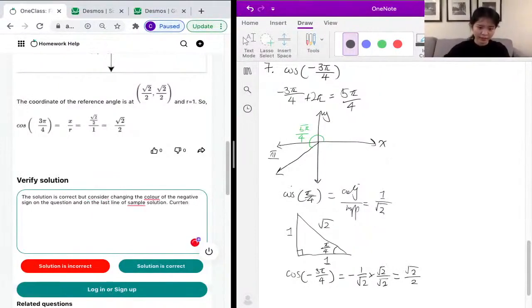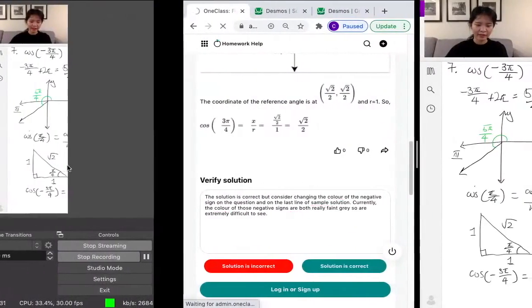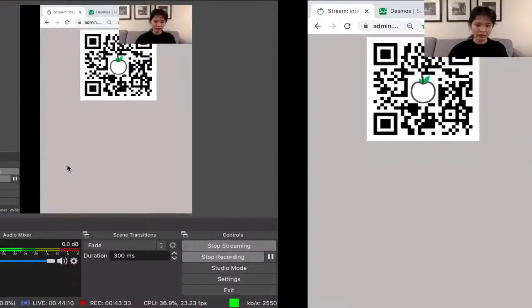Currently, the color of those negative signs are both really faint gray, and so are extremely difficult to see. Let's just put down the solution as incorrect temporarily, so that they'll look at it and consider changing it.